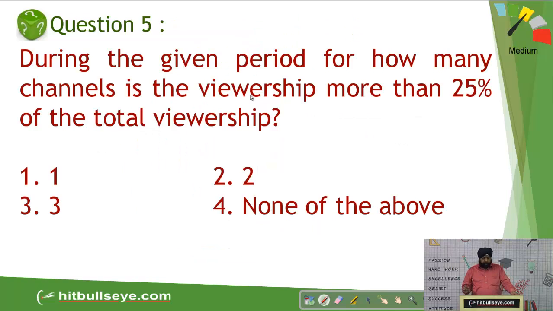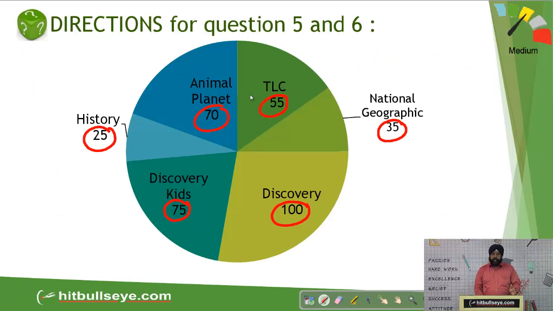Student, this is the question. During the given period, for how many channels is the viewership more than 25% of the total viewership? Student, higher is the share in viewership, higher is its share in the central angle. And you know, the central angle is of 360 degree.